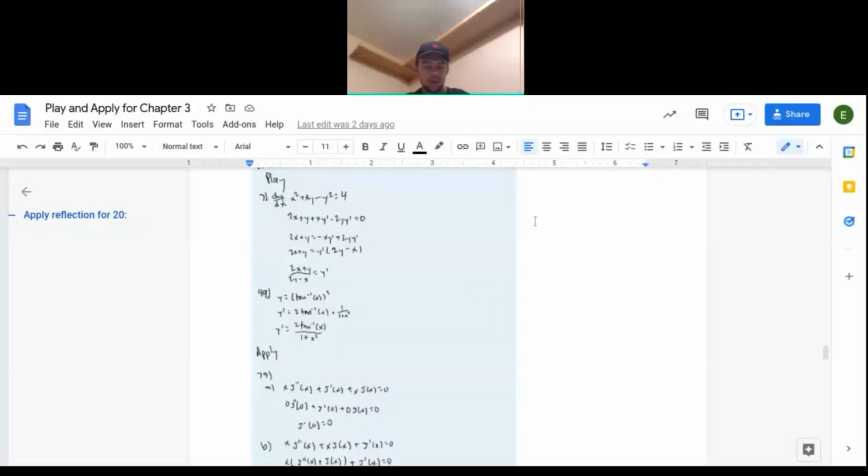The initial problem was x squared plus xy minus y squared equals 4. When you take the derivative, it goes to 2x, plus x y prime minus 2y y prime equals 0. Then I separated the variables so that we had the y primes both on one side, and pulled them out, so it was y prime multiplied by 2y minus x. Then I divided 2x plus y by that, and that got y prime by itself.